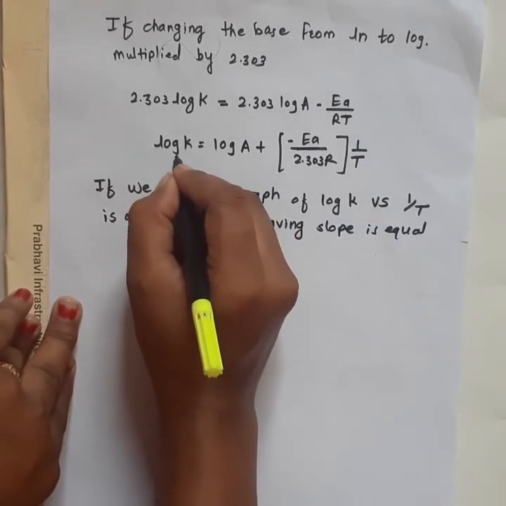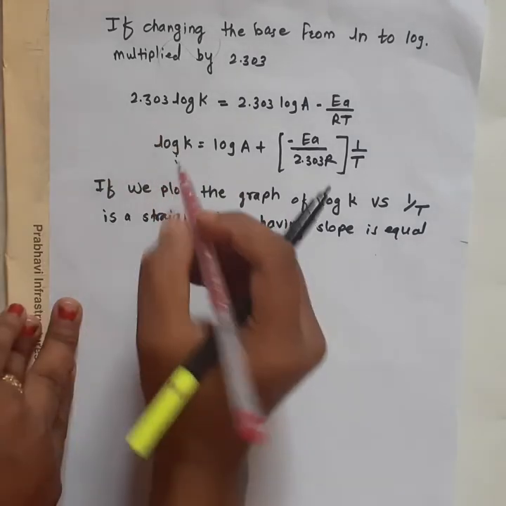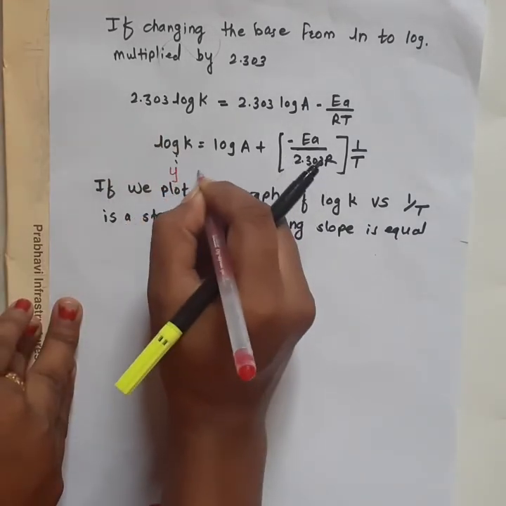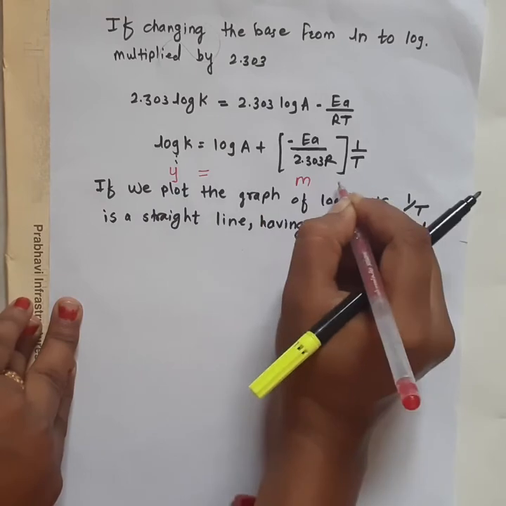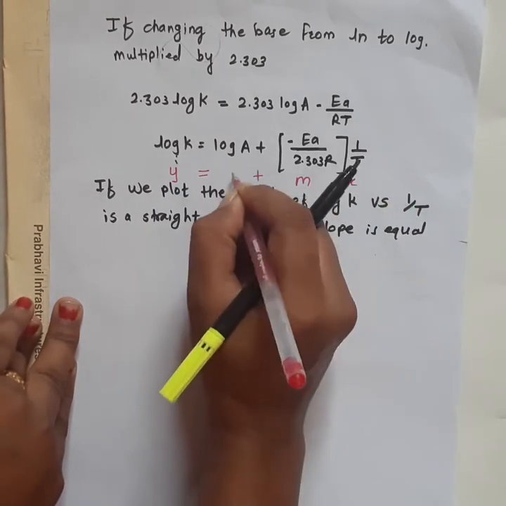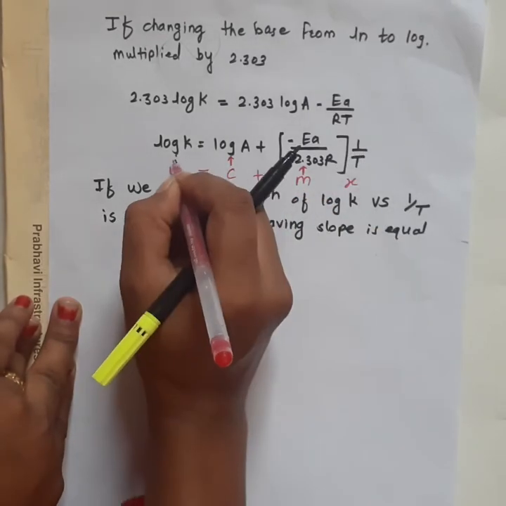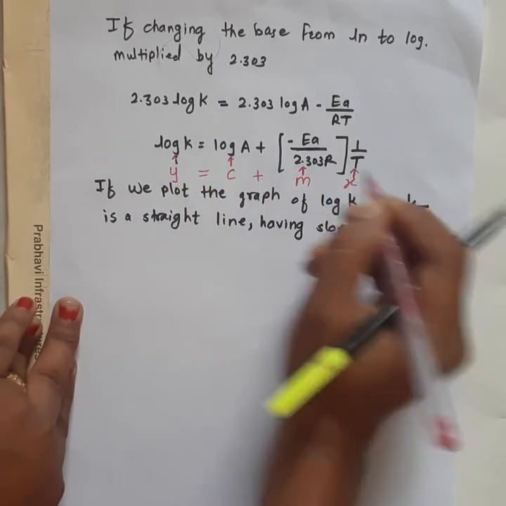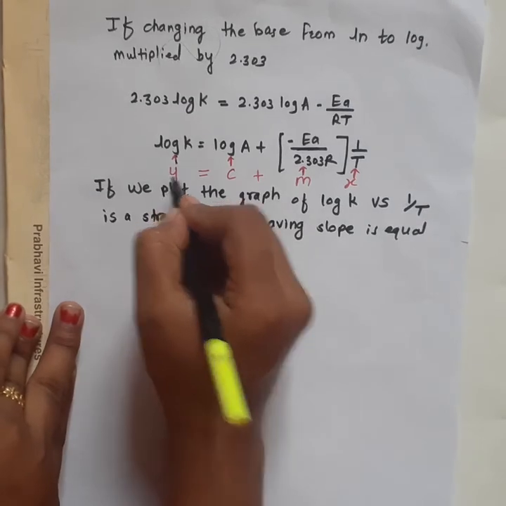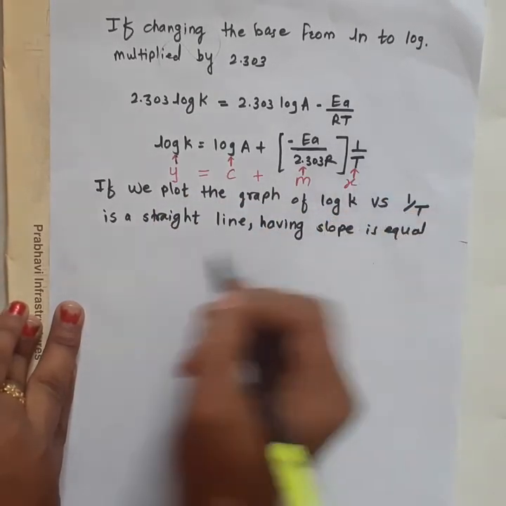This is y is equal to mx plus c, where m is the slope and c is the y-intercept. On the y-axis log k is plotted and on the x-axis 1 upon T is plotted.